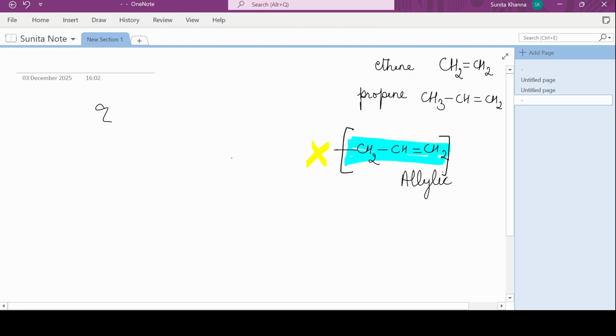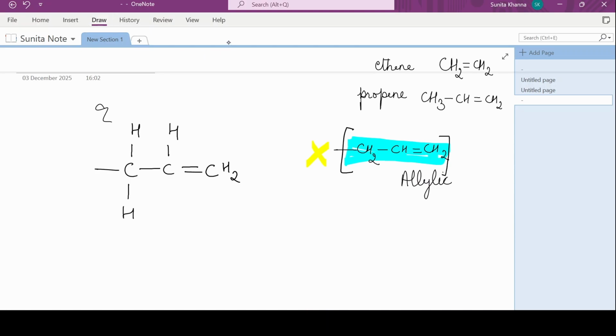Now, one thing again we check. Is it an sp3 hybridized carbon atom? We draw the structure: carbon, one hydrogen, another hydrogen, carbon, hydrogen, double bond, carbon, hydrogen. But which carbon atom do we have to check? We have to check the carbon atom to which the halogen is attached.